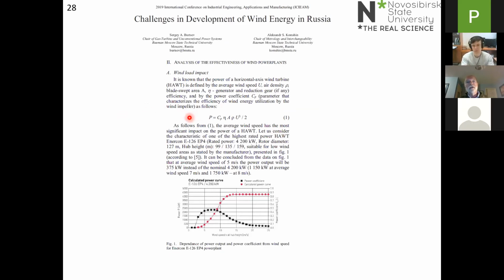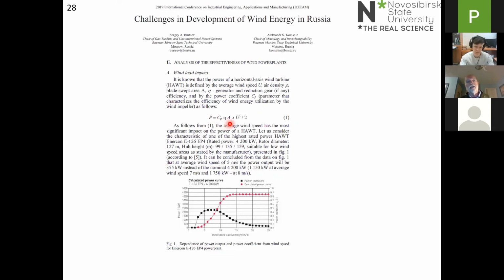So if you look at equation 1 here, it is a very well-known equation for the power output of a wind farm. So P is the power output in kilowatts. There's a power coefficient, as it is called, C subscript P. There's an efficiency, which often can account for the mechanical losses in the turbine drivetrain or the electronics losses in the power electronics.